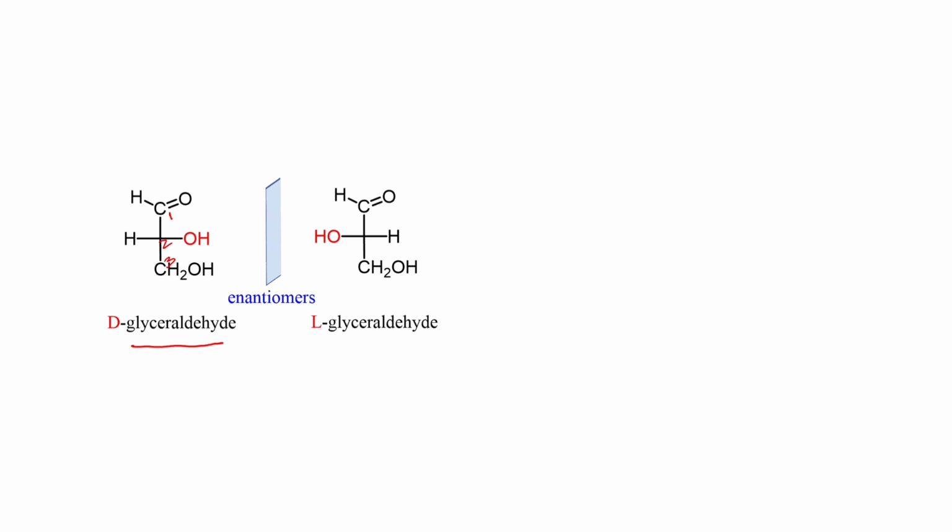This is D-glyceraldehyde and this is L-glyceraldehyde. These two differ in their arrangement of the OH. In D-glyceraldehyde, the OH is on the right side, and in L-glyceraldehyde the OH is on the left side.